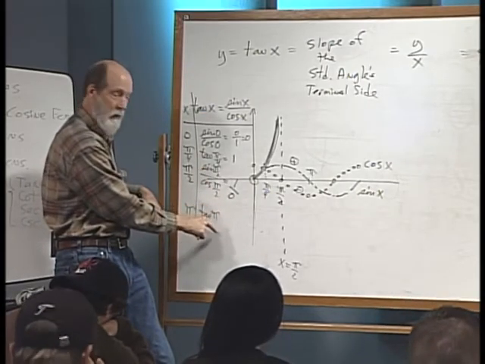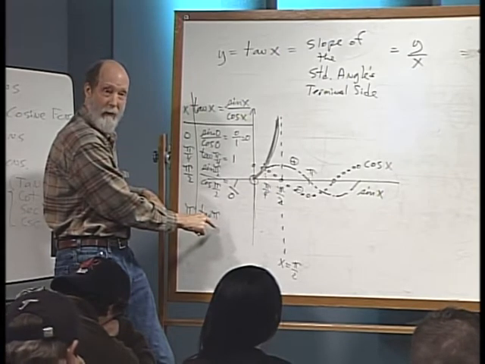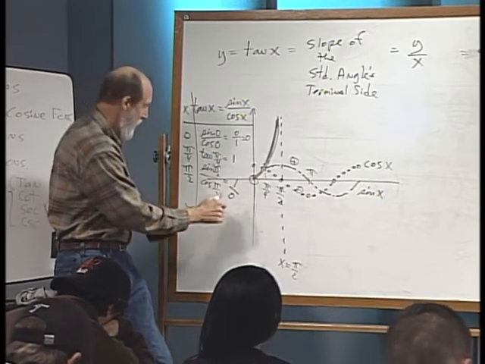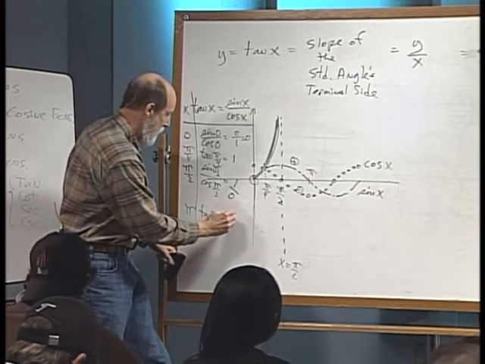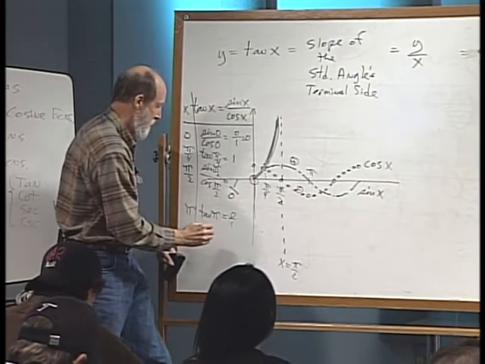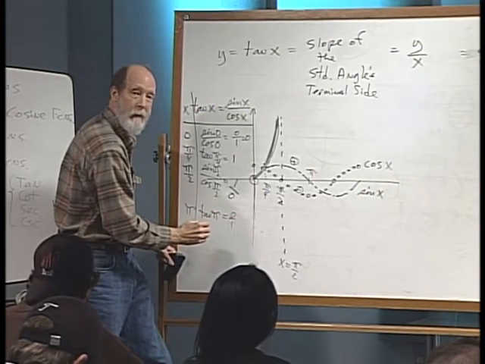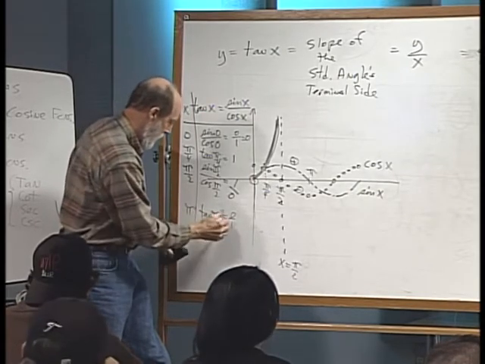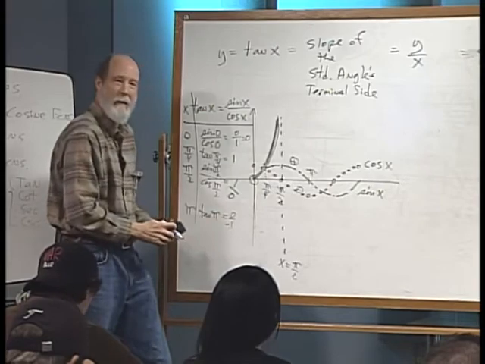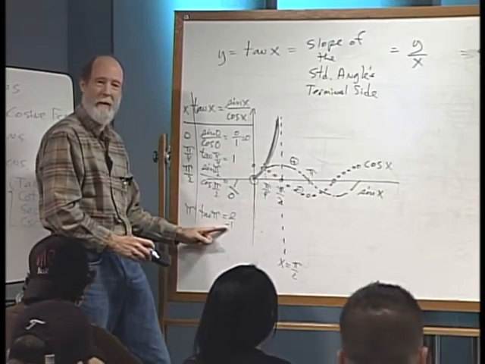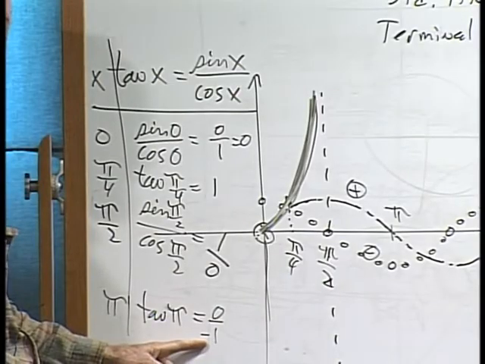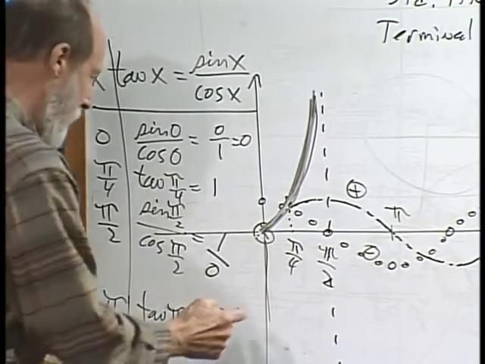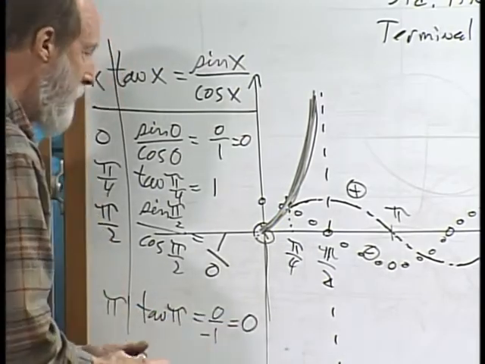Think of the unit circle, get both of those ratio values, and you'll end up with 0 over... actually, 0 over negative 1, because the cosine of pi is negative 1. And you get a result, though, of 0.